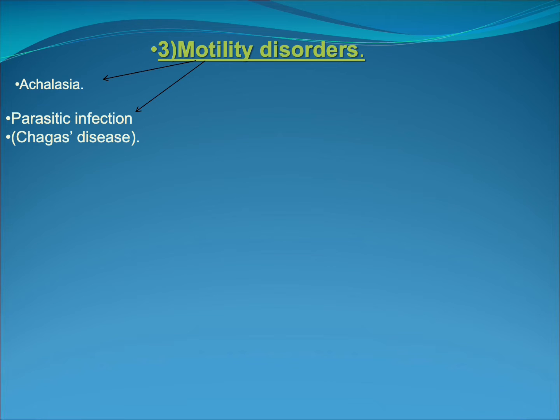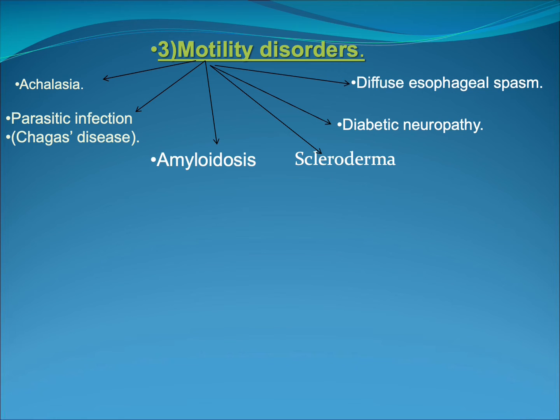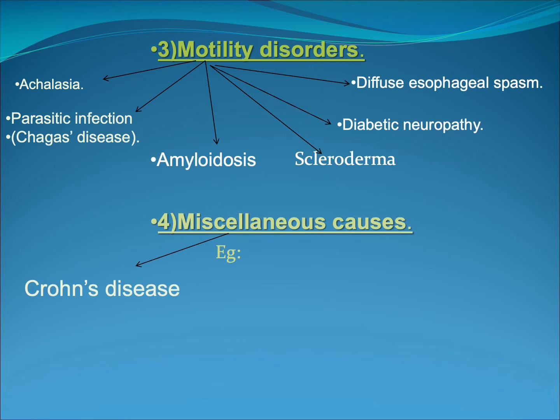There's a rare thing, Chagas disease, which is more present in Latin America, and amyloidosis, scleroderma, which is an autoimmune disorder, and neuropathy in advanced stage, and diffuse esophageal spasm. The most common entities are achalasia and diffuse esophageal spasm. There are other miscellaneous causes like Crohn's disease, and also some infections might cause dysphagia. Like for example, Candida might cause also odynophagia.